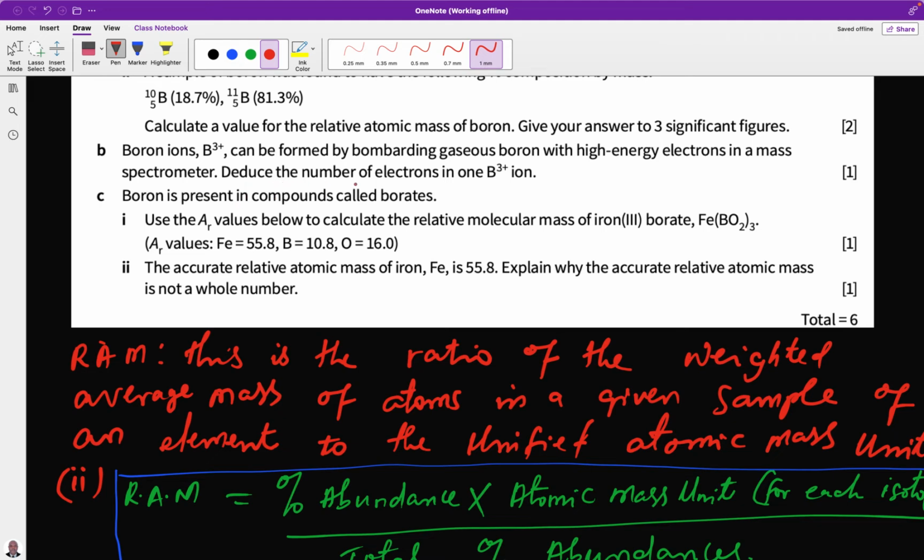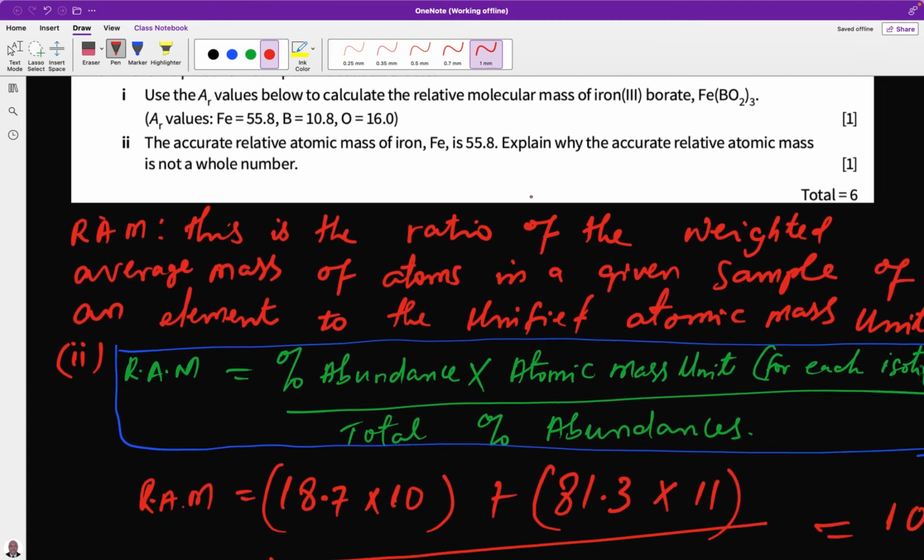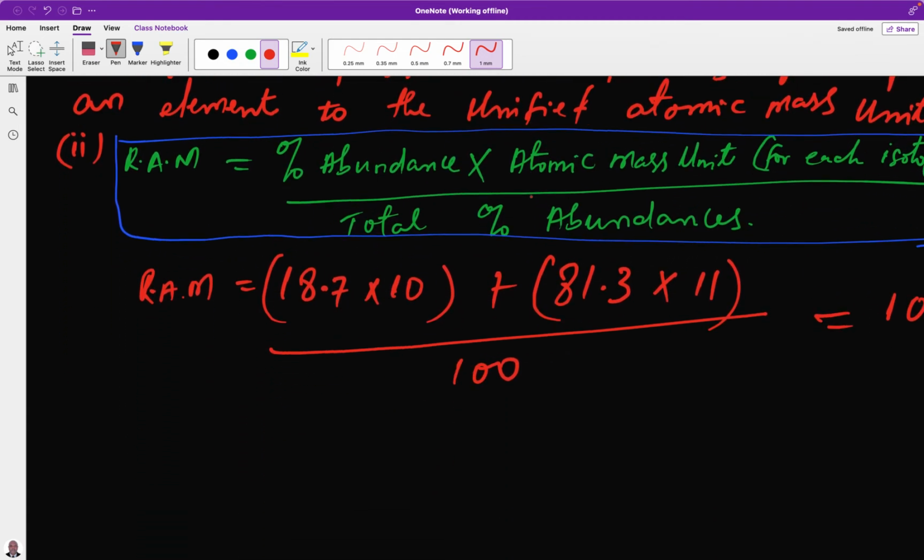Deduce the number of electrons in one boron 3 plus ion. The cation of boron, that is boron 3 plus.